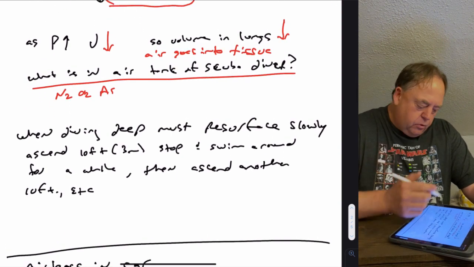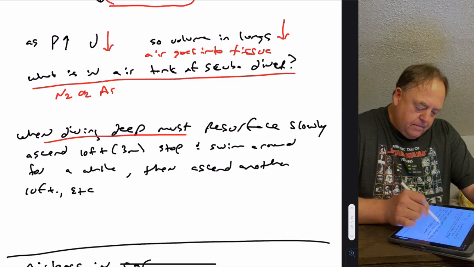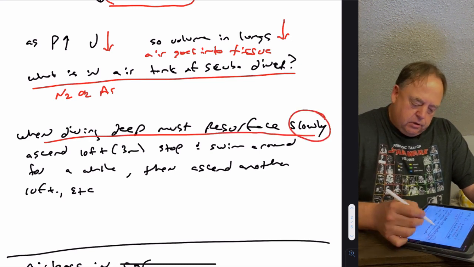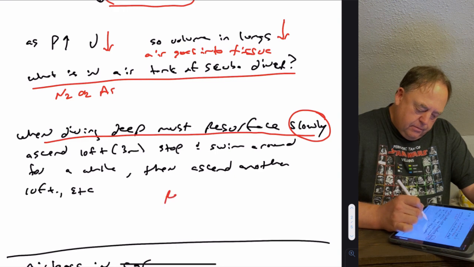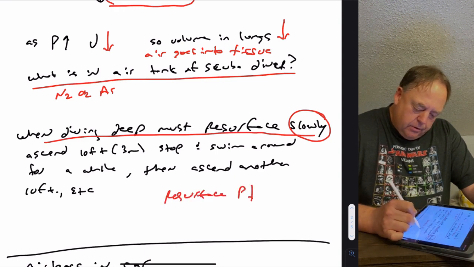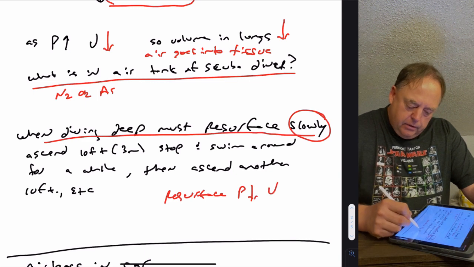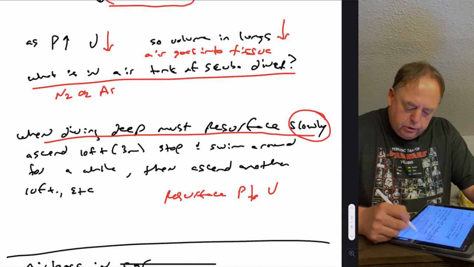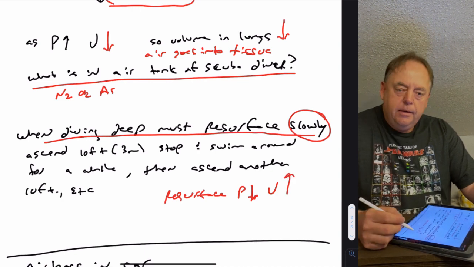This creates a problem when you resurface. You must resurface slowly because as you resurface, pressure is going down. According to Boyle's law, pressure and volume are inversely proportional, so volume's got to go up.